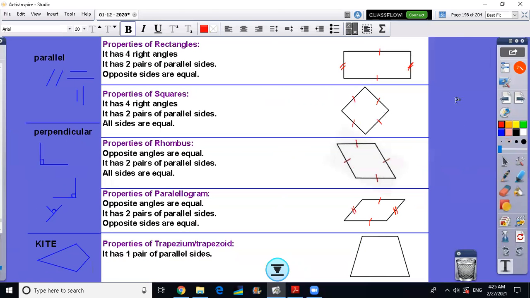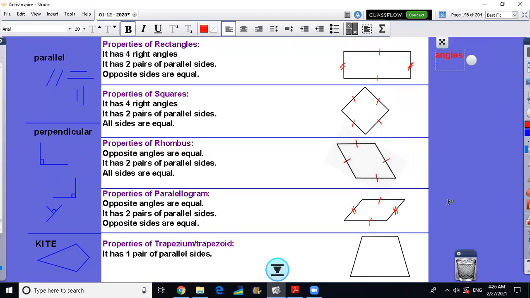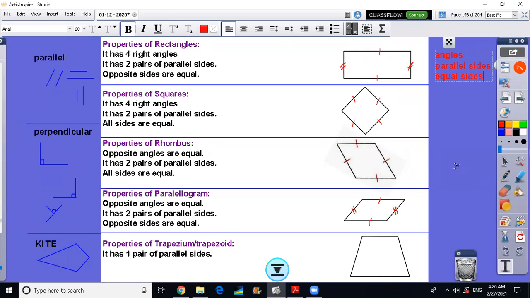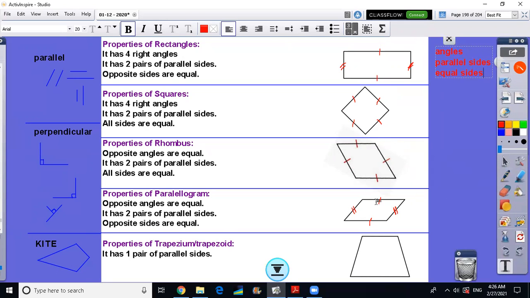That's in all the coming four shapes, except the parallelogram and the trapezium or trapezoid, which is much easier.